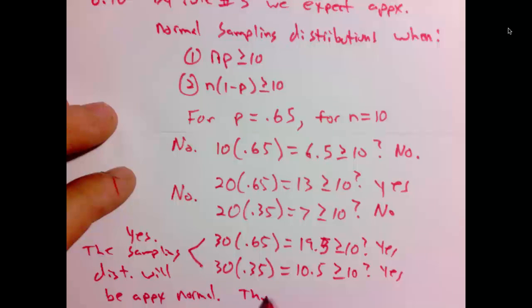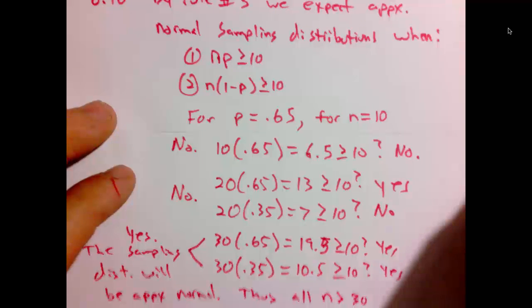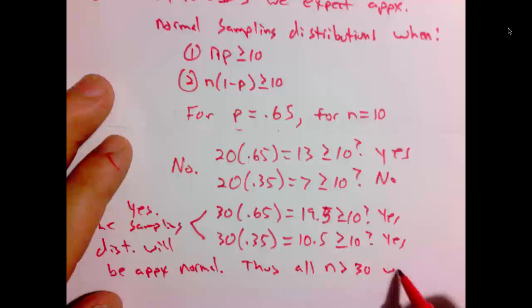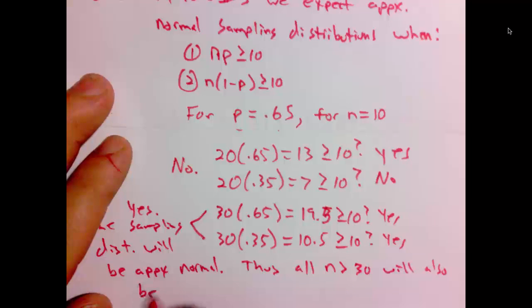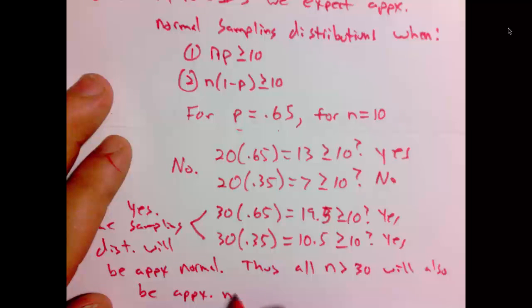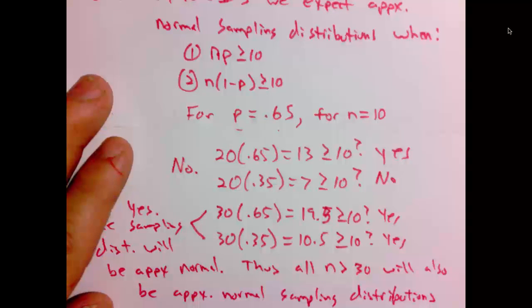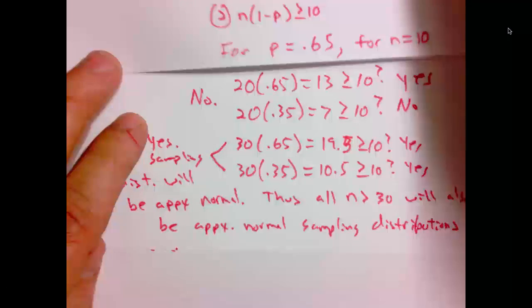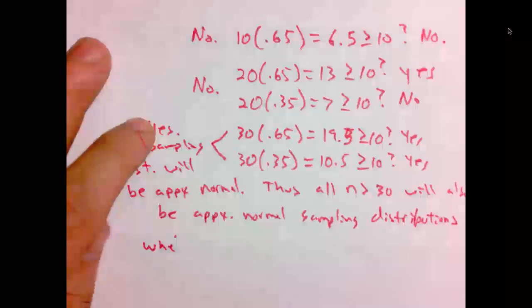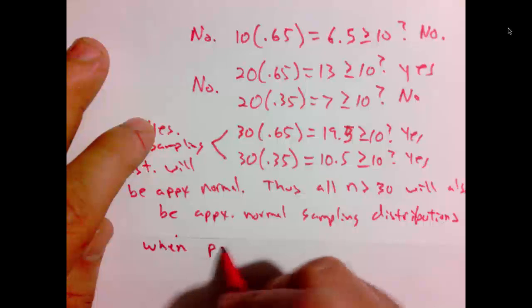Thus, all n greater than or equal to 30 will also have approximately normal sampling distributions when p is equal to 0.65.